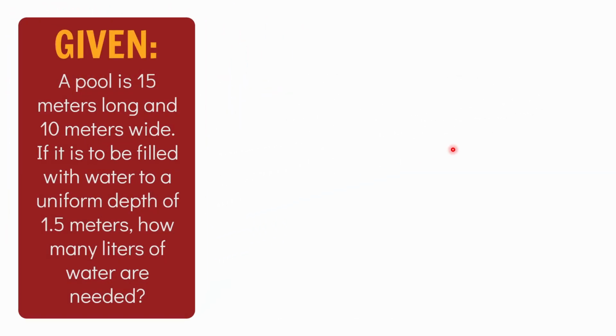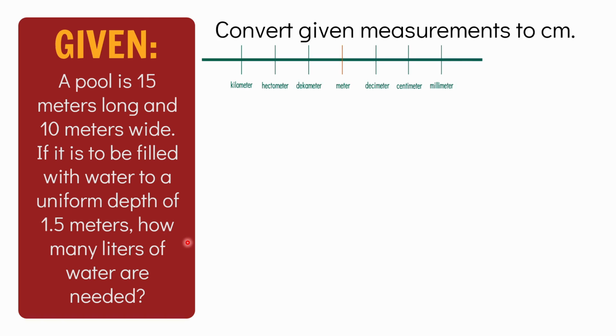In this problem, we are tasked to find first the volume of the pool given the dimensions 15 meters long, 10 meters wide, and the depth of 1.5 meters. But upon looking at the metric unit used, it is in meters. So the first thing that we need to do is to convert the given measurements to centimeter. But based on the metric system line, how many centimeters are there in 1 meter?